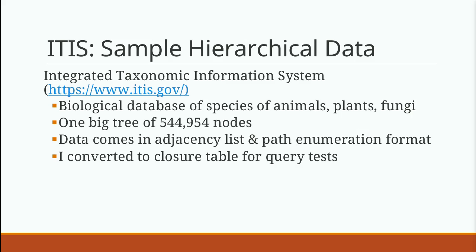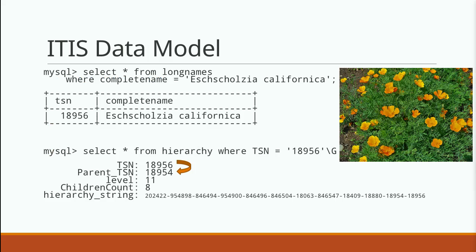The data that they provide to you, here's an example of an entry for the California poppy, the state flower of California, which I can never pronounce, Eschscholtzia californica. And they provide the taxonomic serial number, the TSN, which makes reference to its parent TSN in the data that they provide.